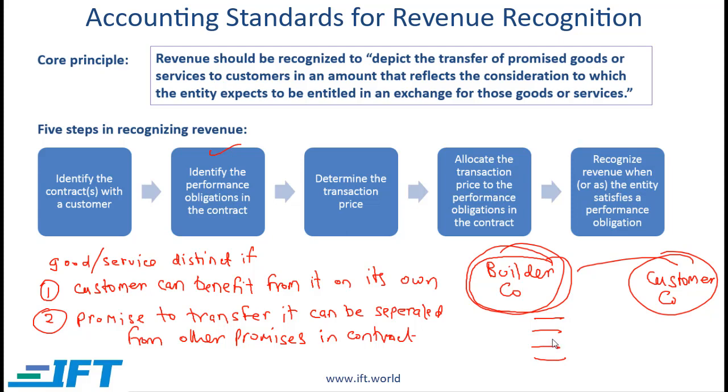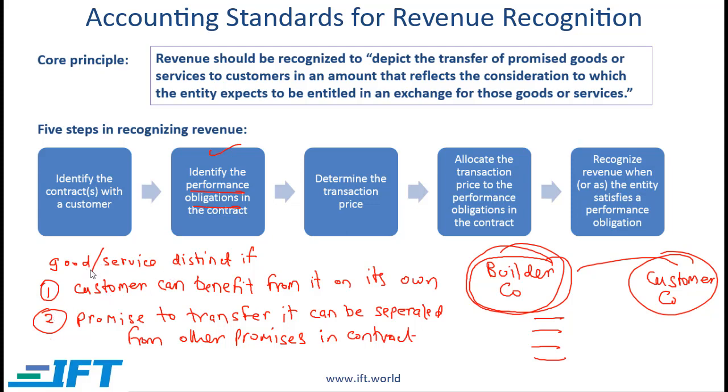Now here is the question. With respect to identifying performance obligations, can each of these items, pre-construction engineering, the construction of individual components, plumbing, and so on, be treated as separate performance obligations with respect to revenue recognition? So let's go back to these two criteria, and this is an and condition.